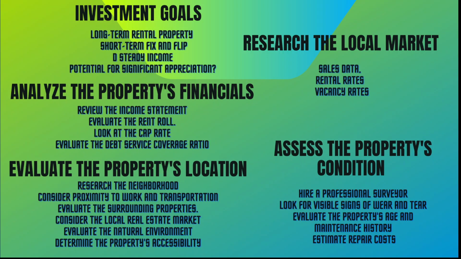Assuming that you're looking for a long-term rental property, which is probably ideal if you want a passive income for your retirement, then you need to research the following steps. Research the local market. Once you have investment goals in mind, you need to check the recent sales data, the rental rates, and the vacancy rates in the area.